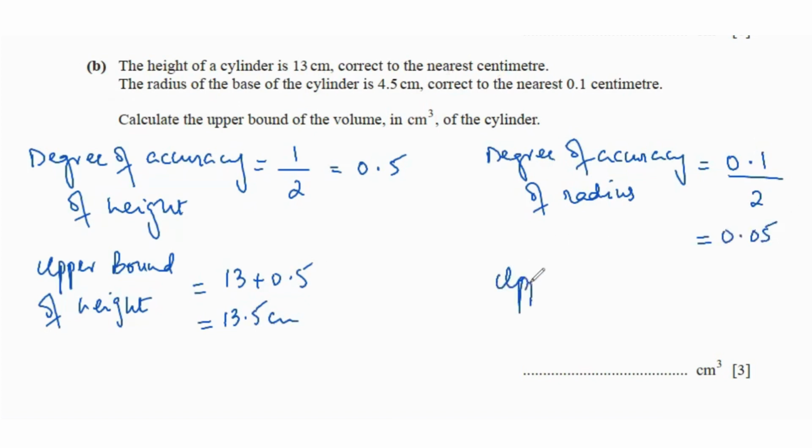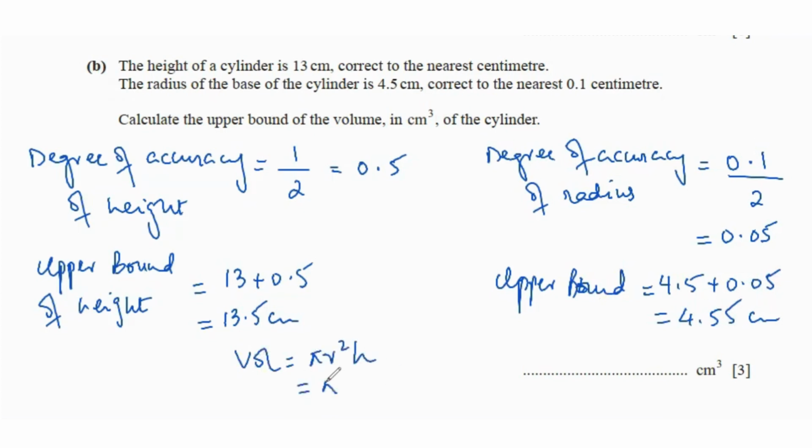So upper bound over here is going to be 4.5 plus 0.05, which is 4.55 centimeter. Now for volume, which is pi r square h, that's going to be pi times 4.55 square times 13.5, and that is going to equal 878.02 centimeter cube. So that is your upper bound of the volume of the cylinder.